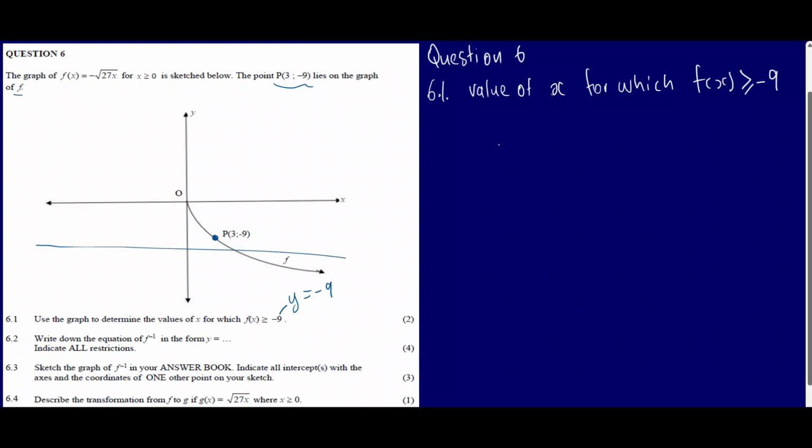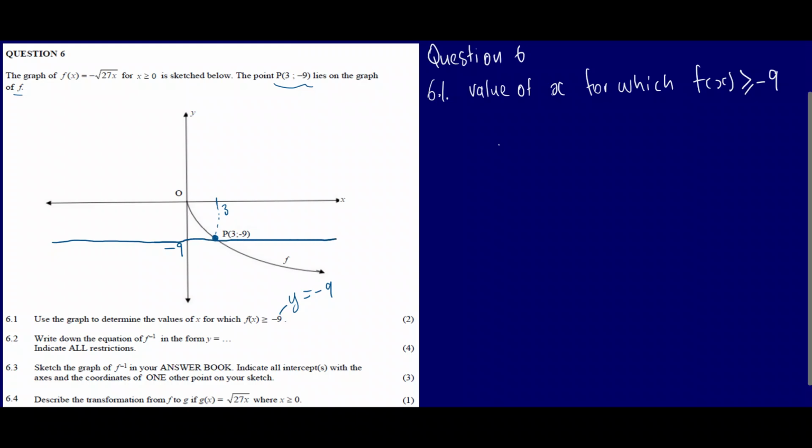Fortunately here we have a coordinate, 3 and minus 9, so we can draw this line passing through our coordinate. So this is y equal to minus 9.